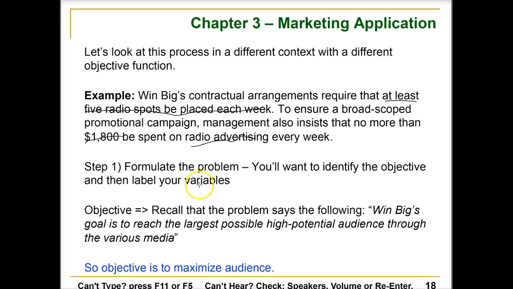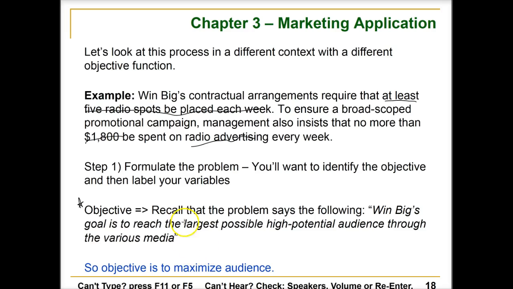So the first thing we want to do is formulate our problem. So let's identify the objective, and then we want to figure out what our decision variables are going to be. Our objective here is that Big Wind's goal is to reach the largest possible high potential audience through the various media.